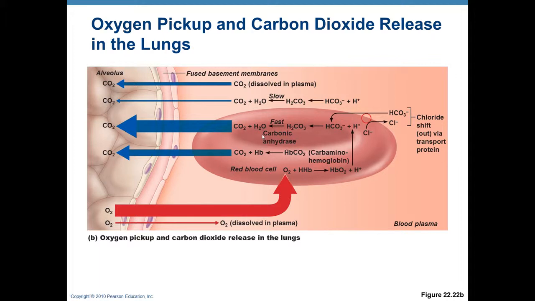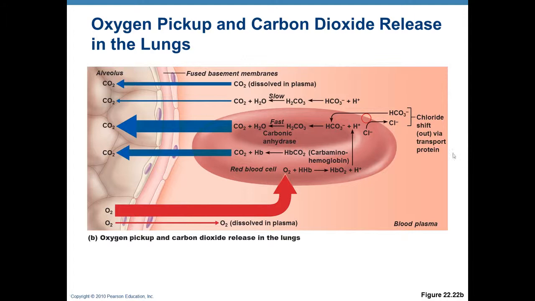So those carbonic anhydrase enzymes will actually, once the hydrogen ions and bicarbonate ions combine back together and form carbonic acid, break them apart. And so now you have freed the CO2 that was originally in here. It can now diffuse out of the red blood cells and the bloodstream and back into those little air spaces there in the lungs. So you've got this back and forth that can take place.